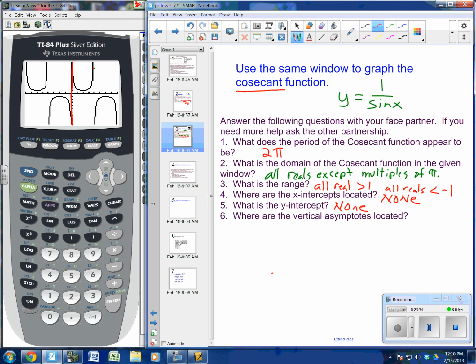Where are the vertical asymptotes located? Multiples of pi. We got that? Now, let's see if you guys can answer the last one all by your lonesome. You guys got these down yet, or are we still writing them?